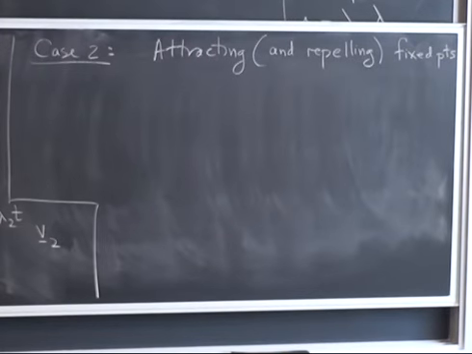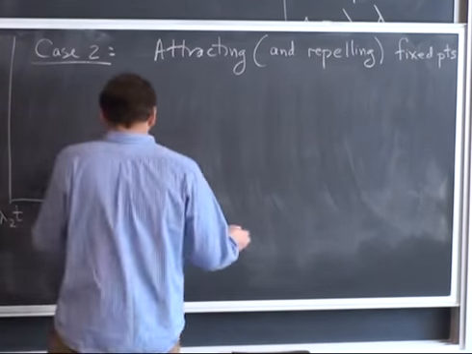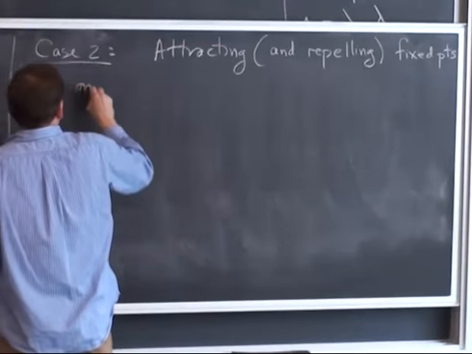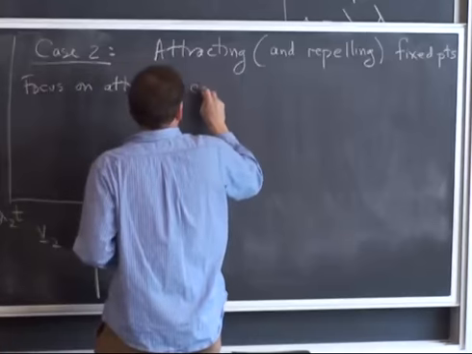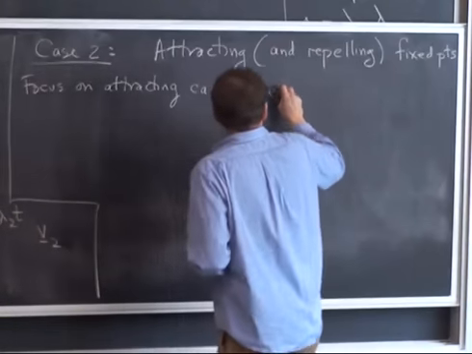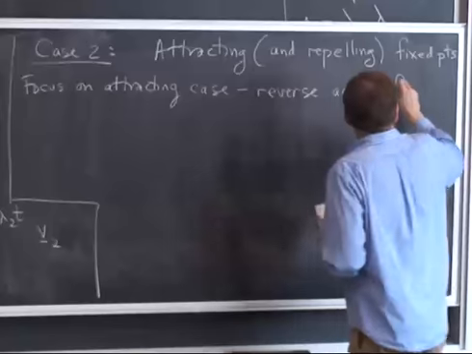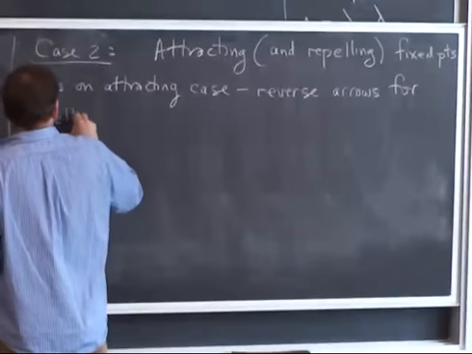The repelling ones look the same topologically, except all the arrows are reversed. So let's just focus on the attracting case. Reverse the arrows for the repelling ones.